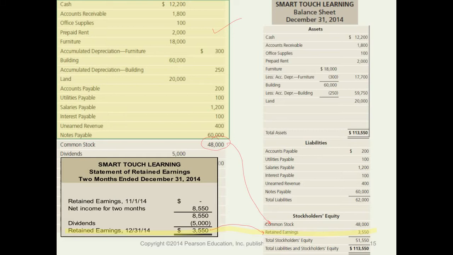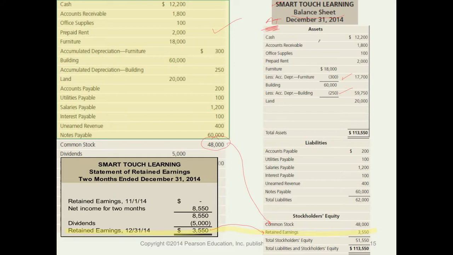The retained earnings is coming from the statement of retained earnings. Now, this is an unclassified balance sheet, and once again, let's look at the heading: name of the company, balance sheet, and it's at a date. It's a position or a point statement. It is not for the period ended. It is only at a particular point in time. Also notice, as I said, the credit balance contra accounts will go on the asset side of the balance sheet.